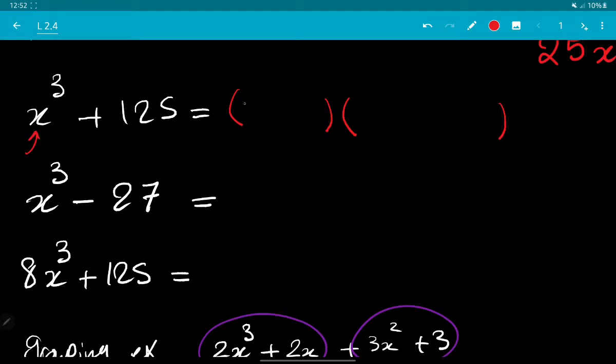So x power 3 is x multiplied by x multiplied by x. 125 is 5 multiplied by 5 multiplied by 5. You can use the calculator to find 125 on the calculator. You know the button square root. If you press shift square root, this will give you the cubic root of 125, which is 5. Okay, this sign is positive. So x plus 5 in the small bracket.